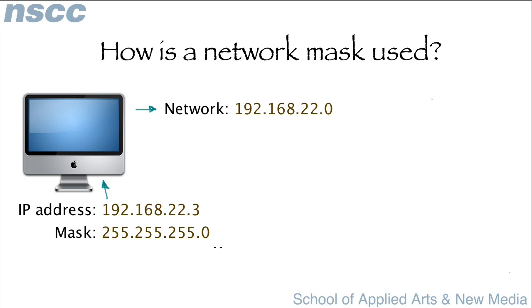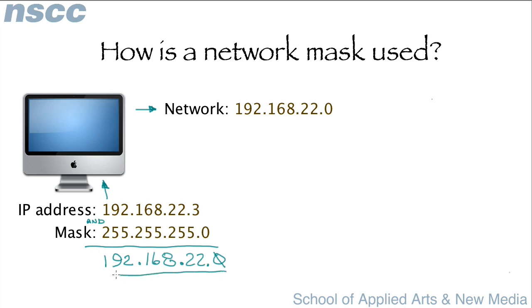Now remember we said that internally the PC is going to do a logical AND of these two when it has a packet that it needs to send out onto the network. Now when it does the logical AND here, it's going to get out 192 because it's ANDing it with 255, which is all 1s, 168.22. This is a 0, so when we logically AND that, we're going to get a 0.